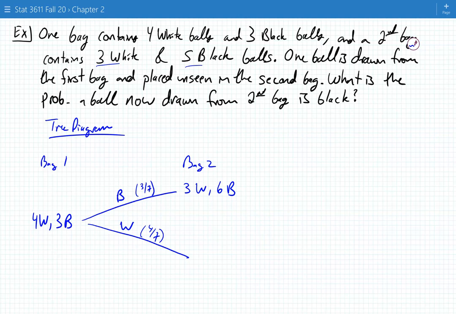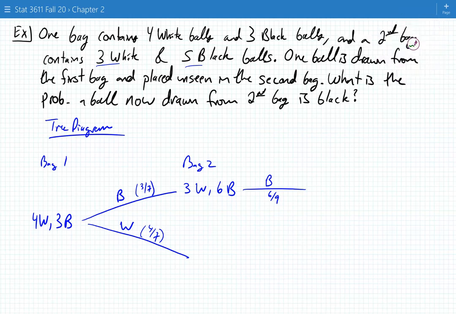So what then is the probability of drawing a black ball from this bag? Well, there are 6 black, 3 white. That is 6/9.